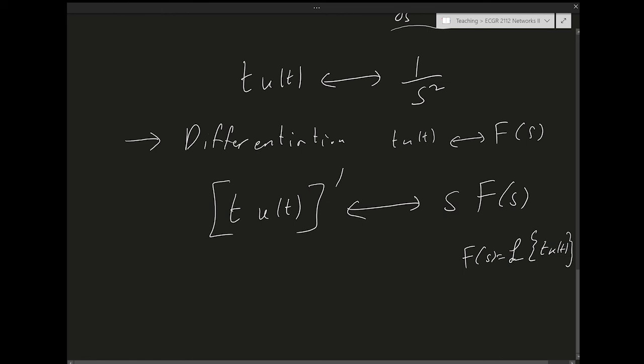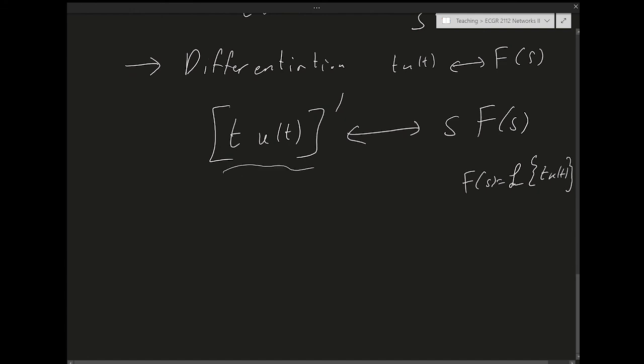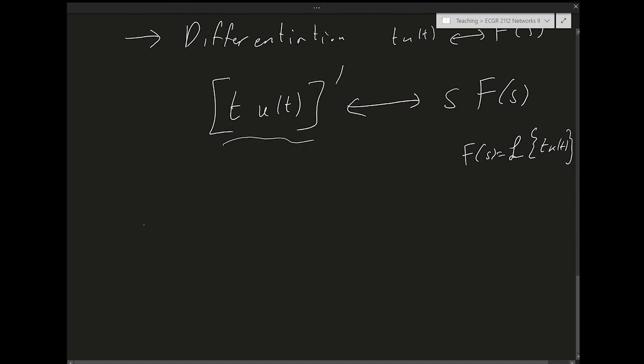Okay, all I need to do now is do this differentiation using the product rule. So I end up with t times the differentiation of u of t, which is delta t, plus u of t times the differentiation of t, which is 1. Now, using the shifting property of delta t, remember that when we integrate with delta t times f of t, we only care about the value of the function at t equals 0, where the Dirac delta function is.